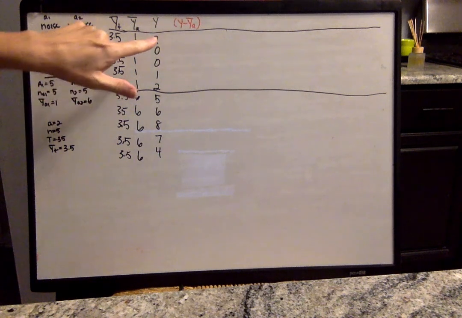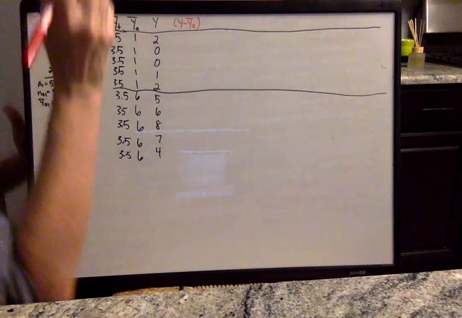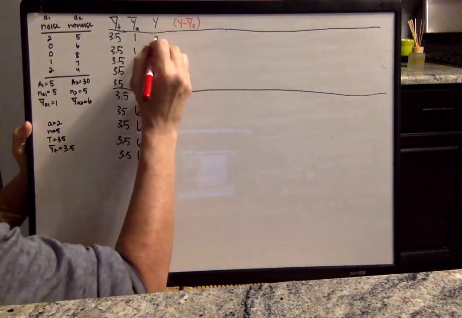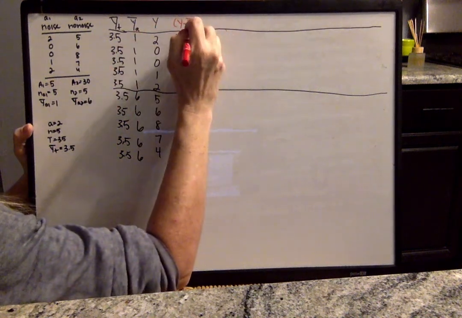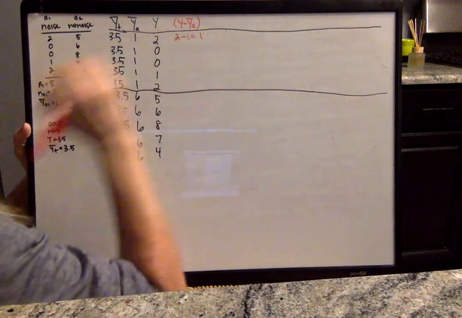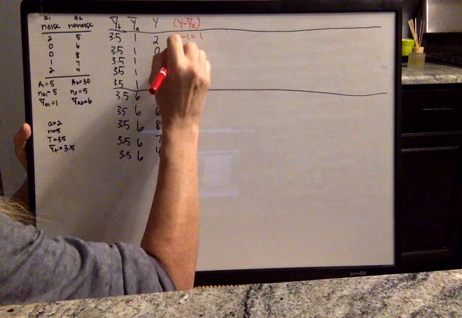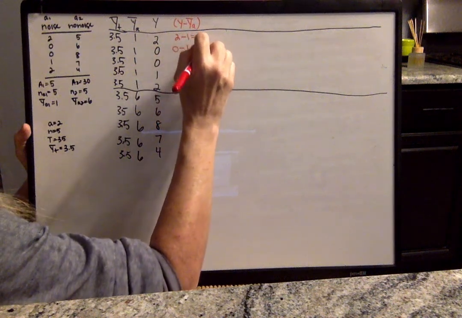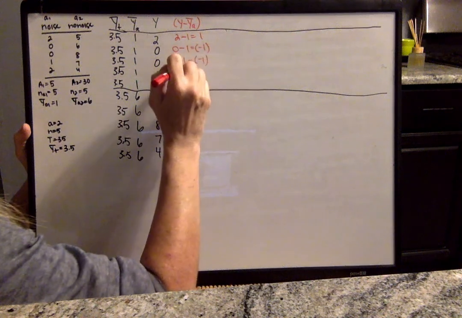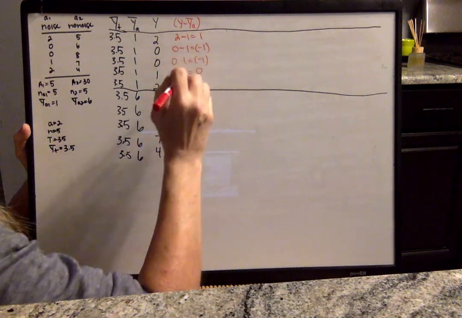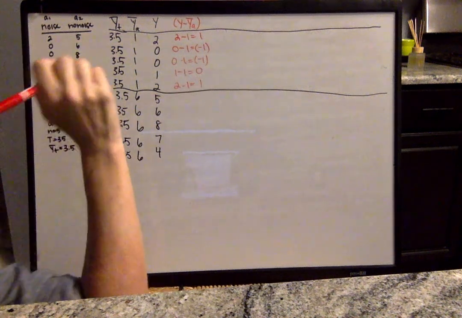For this first row, the score is 2, y bar a is 1, so 2 minus 1 is 1. Moving down, 0 minus 1 is negative 1, 1 minus 1 is 0, and 2 minus 1 is 1.